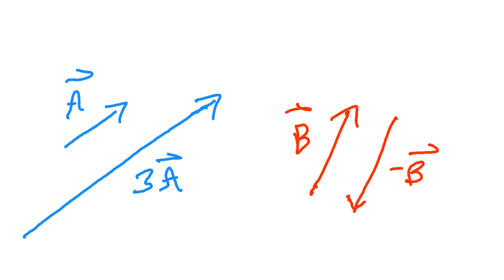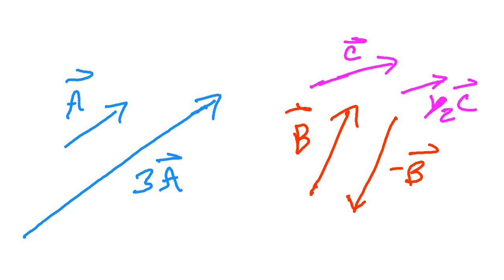If I've got c vector right here, I could have 1/2 c vector, which should be half that length. That's a capital bold C, or a capital C with an arrow over it. So that'd be 1/2 times c vector. Pretty easy on that.